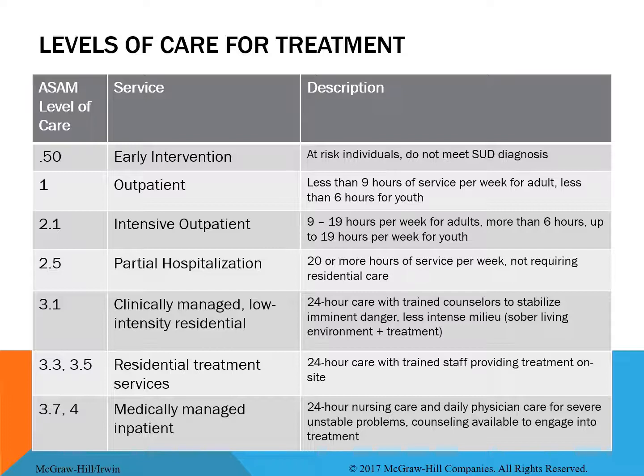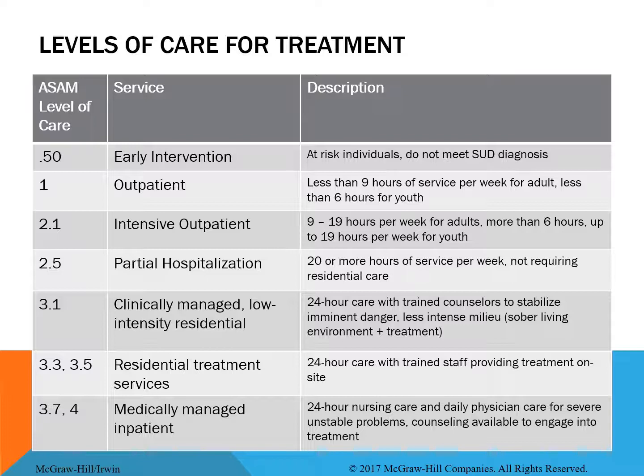They stay in the residential treatment facility at level 3.1 for 60 days, let's say, and then move on to intensive outpatient treatment, level 2.1, plus a recovery residence in the community. And then eventually they move to the outpatient level 1 treatment.